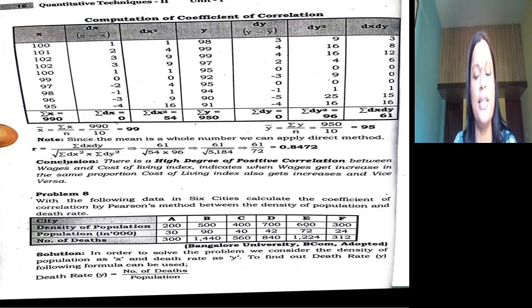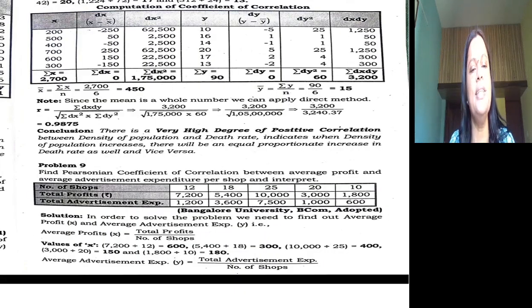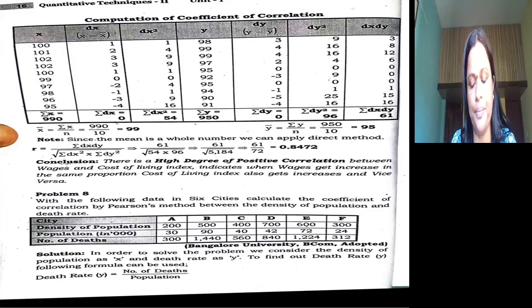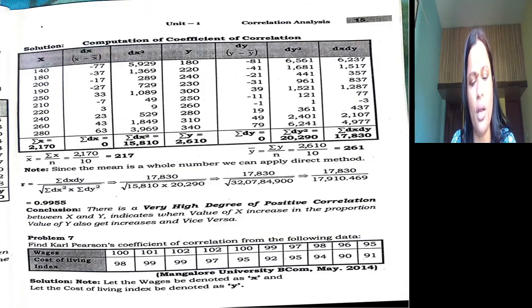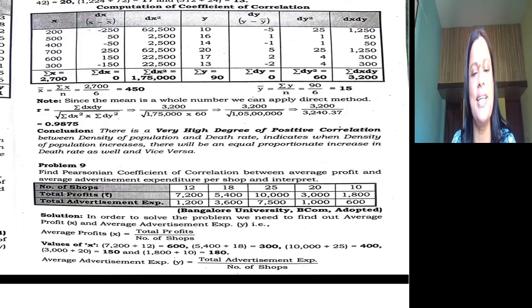Solution for this part is not there particularly, and it is homework for you. So the next one is the next problem. Here the problem is not visible. So x is 200, 500, 400, 700, 600 and 300.